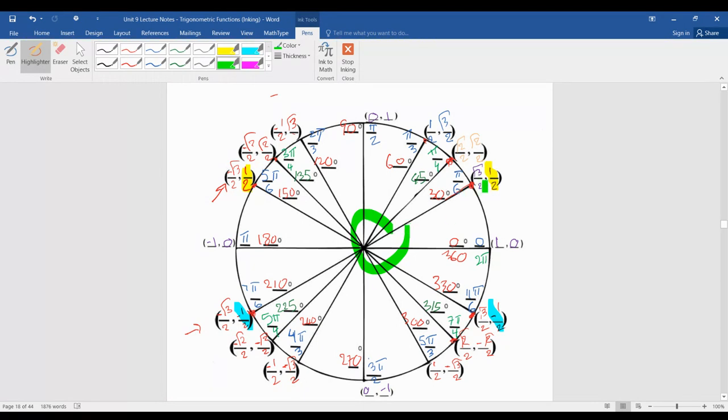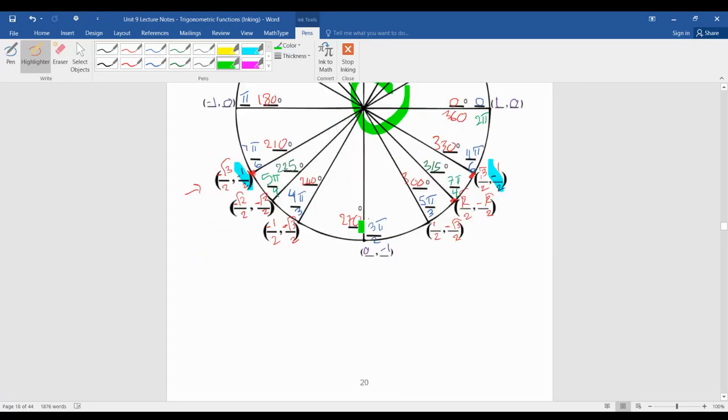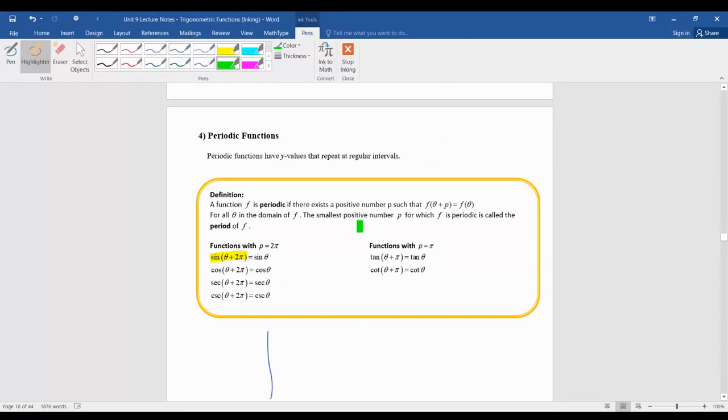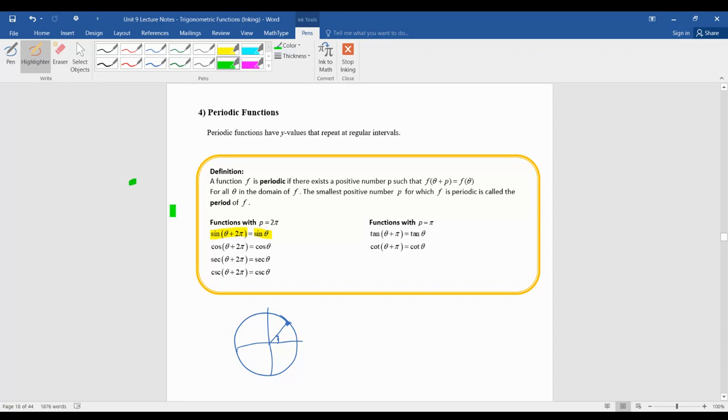Another 360, 1/2. So either 360 or 2 pi. So the period of sine is 2 pi or 360. So it means the sine of theta plus 2 pi is the same as sine of theta, because the 2 pi will just take you back to the same point.